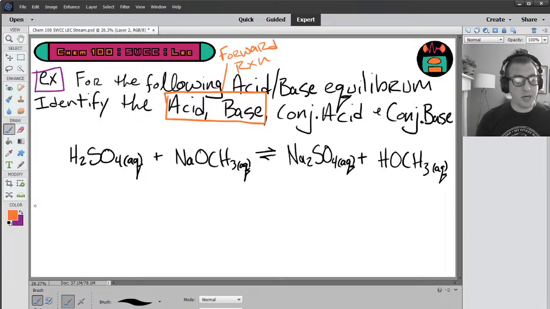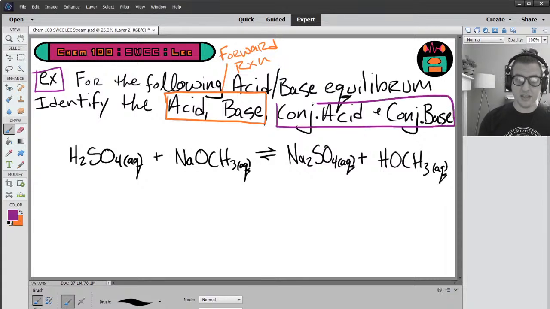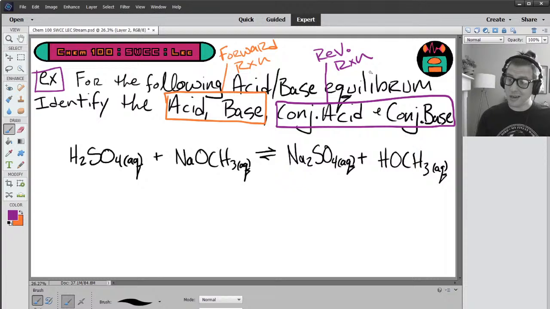And the thing to remember is the conjugate acid and the conjugate base, these are the acids and bases in the reverse reaction. What makes something a conjugate acid is it is the acid reacting in the reverse reaction. What makes something a conjugate base is it is reacting as a base in the reverse reaction. So acid and base are for the forward reaction, conjugates for the reverse.